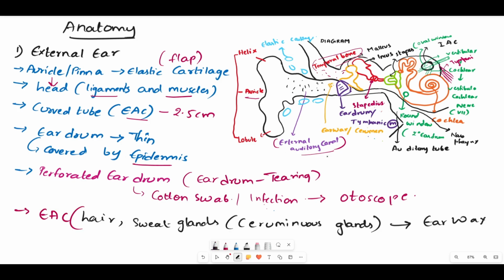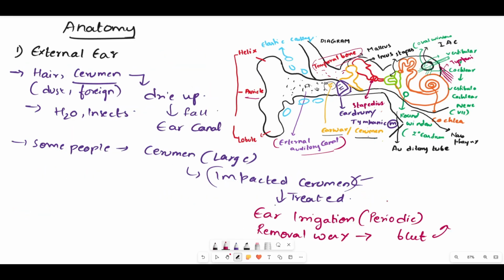The external auditory canal has hair inside it, and it also contains certain sweat glands. These sweat glands are also called ceruminous glands. These ceruminous glands are responsible for secreting the earwax. Earwax is also called cerumen.